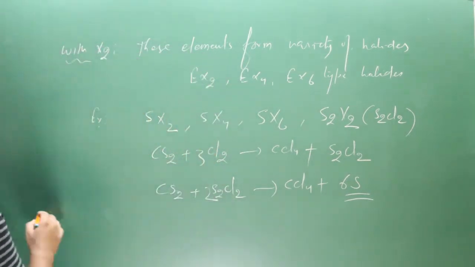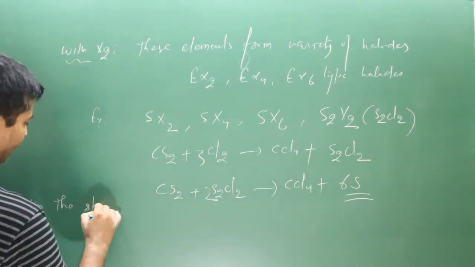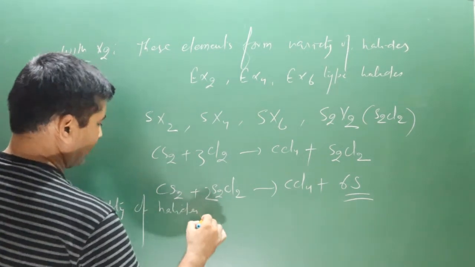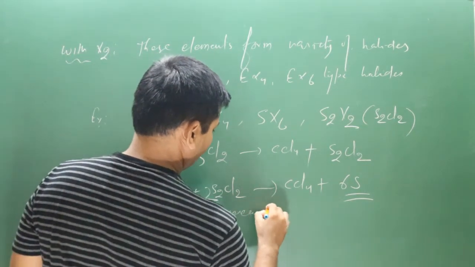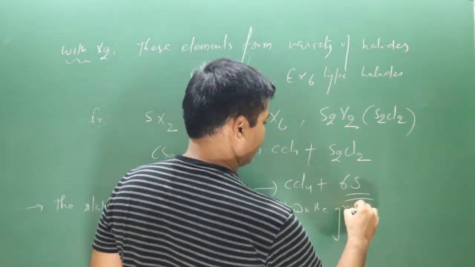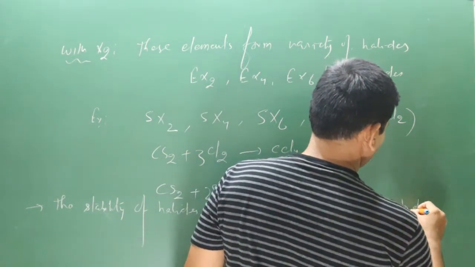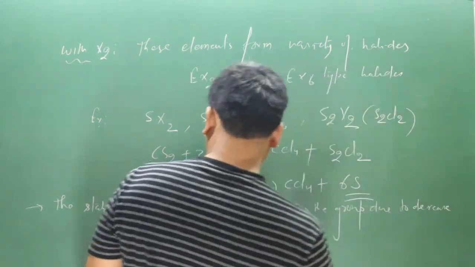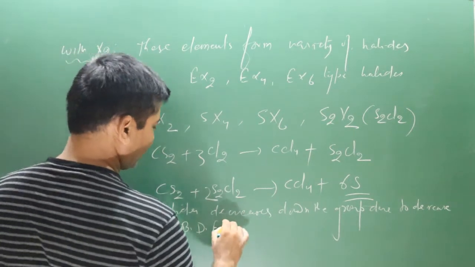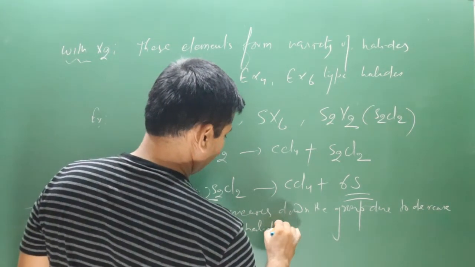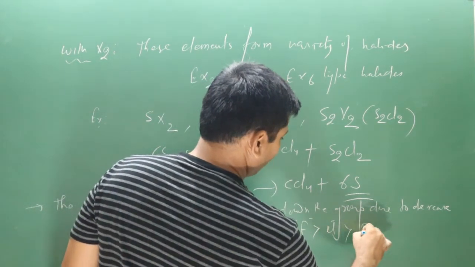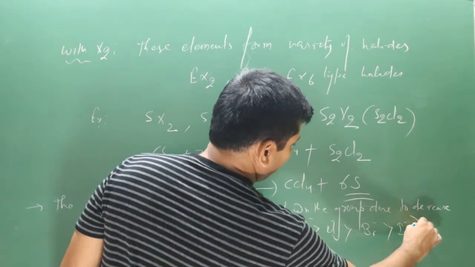You can write the sentence: the stability of halides decreases down the group due to decrease in bond dissociation enthalpy in halides, as in bromides and iodides.